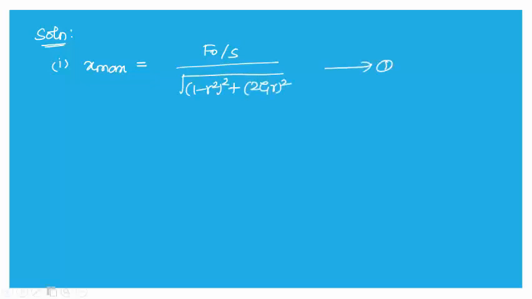We can calculate the X max value using the known formula F naught divided by S, divided by root of 1 minus r square the whole square plus 2 zeta r the whole square. Here F naught is the maximum value of force that is subjected to the system causing vibration.